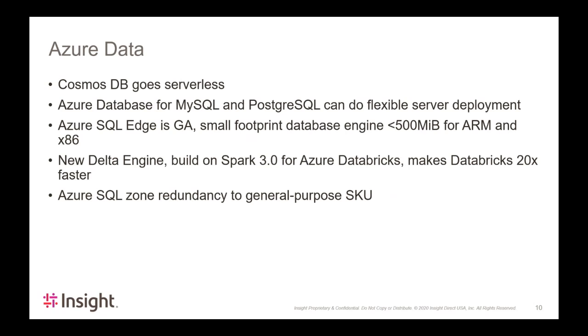Really, really cool. Azure Database for MySQL and PostgreSQL can be flexibly deployed at the server. It's not a fixed SKU, and you get different SKUs you can select, which is more cost effective.